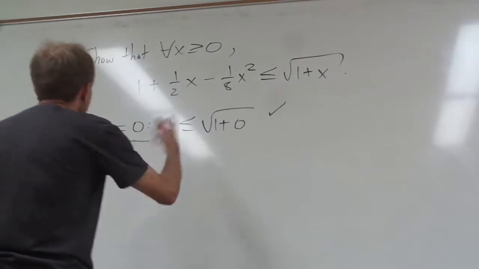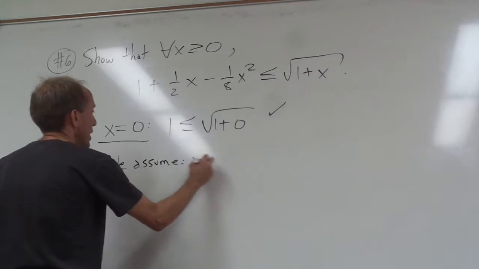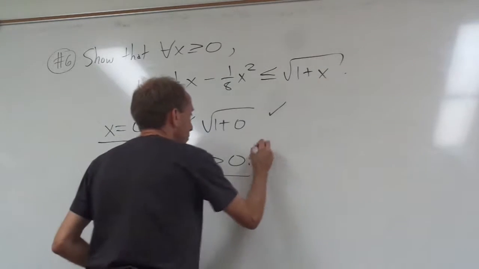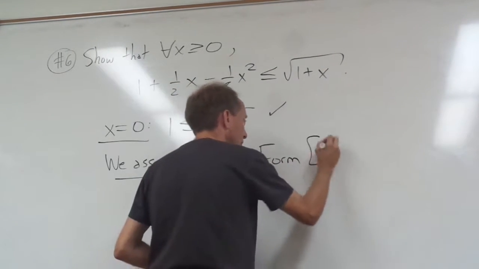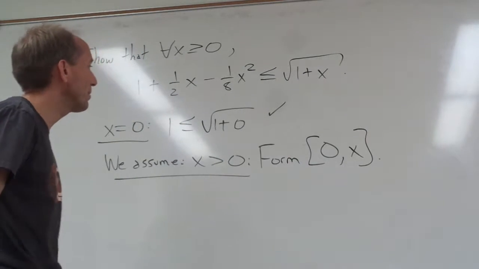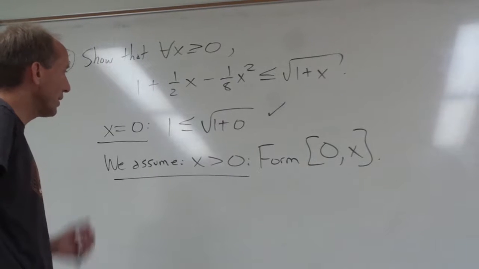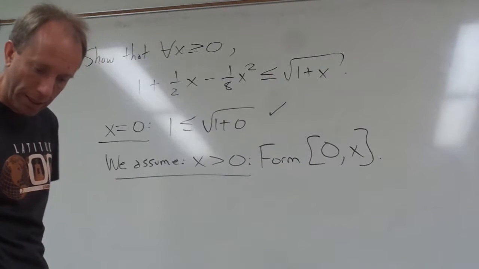So it's already true, so we may assume that x is actually positive, and then we can form a closed interval from 0 to x. That's kind of the idea here. So we have this closed interval that we can play with.